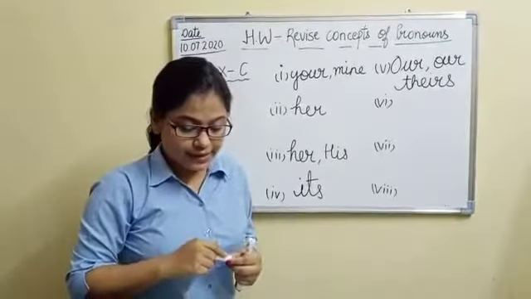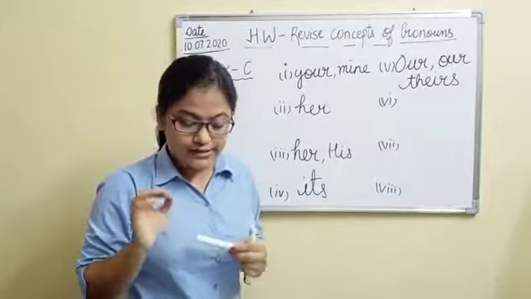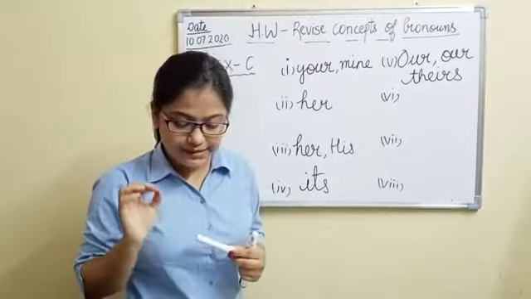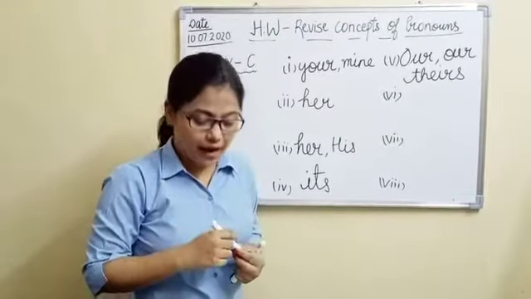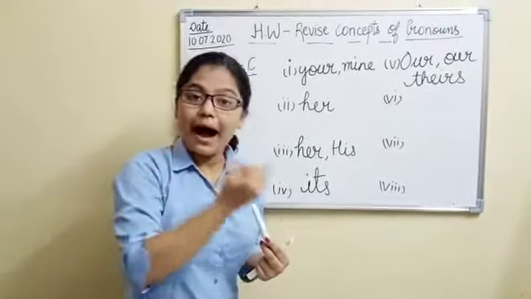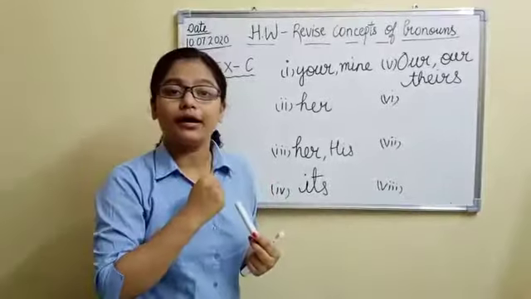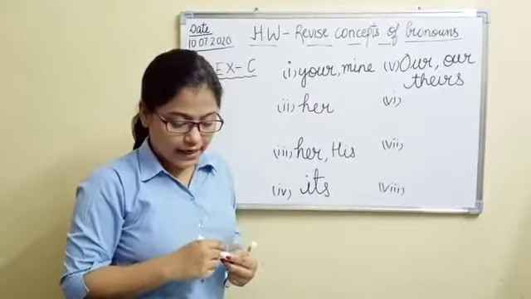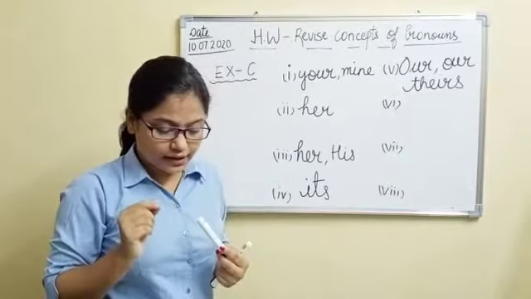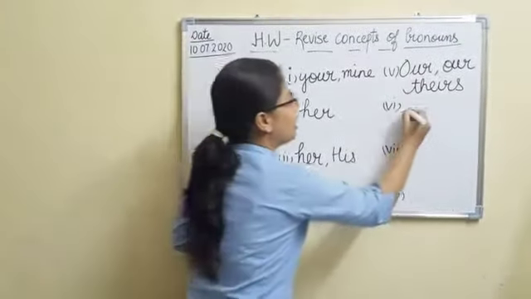Come to the sixth one. The first woman said the child was dash. The second woman said it was dash child. And the options given are their, my, hers, and her. So what options are we going to use? We will say: the first woman said the child was hers.